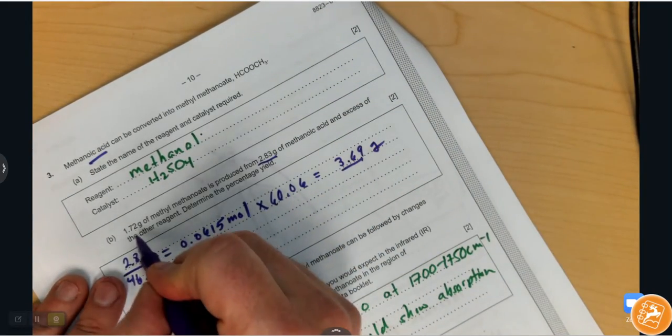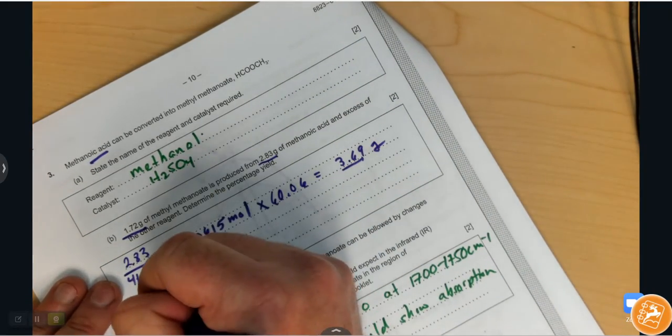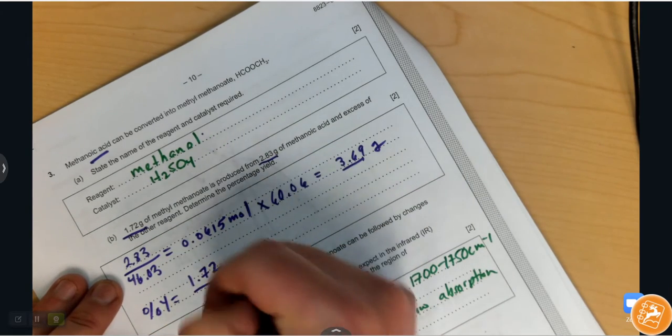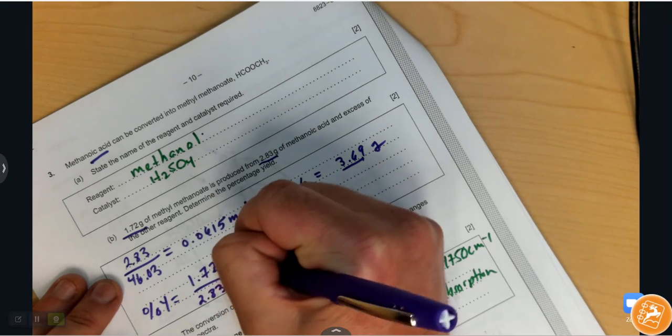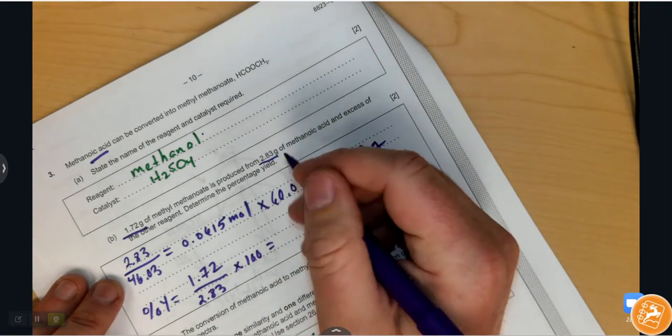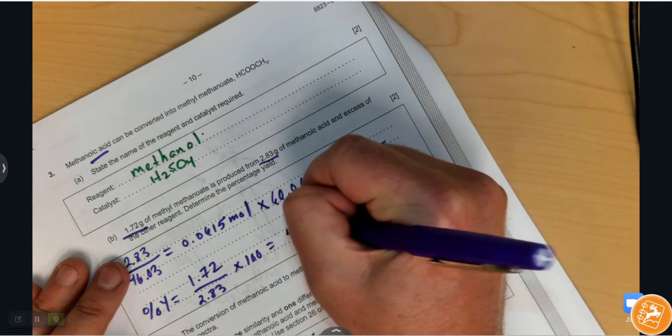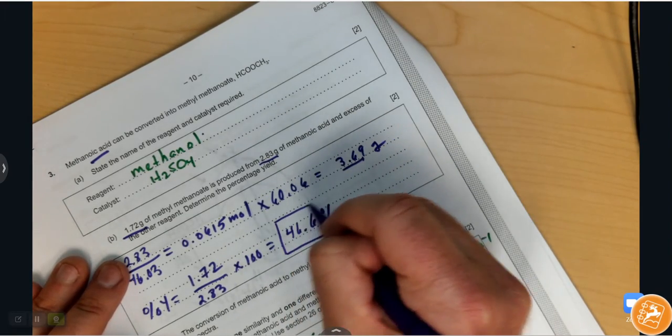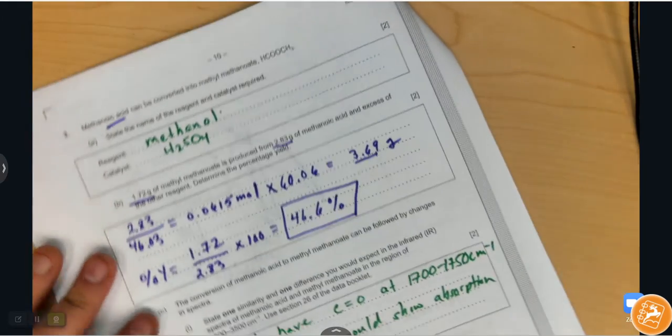That's my theoretical yield. That's my experimental. So the percent yield will be 1.72 divided by 2.83 times 100, which equals 46.6%. This is just a stoichiometric problem.